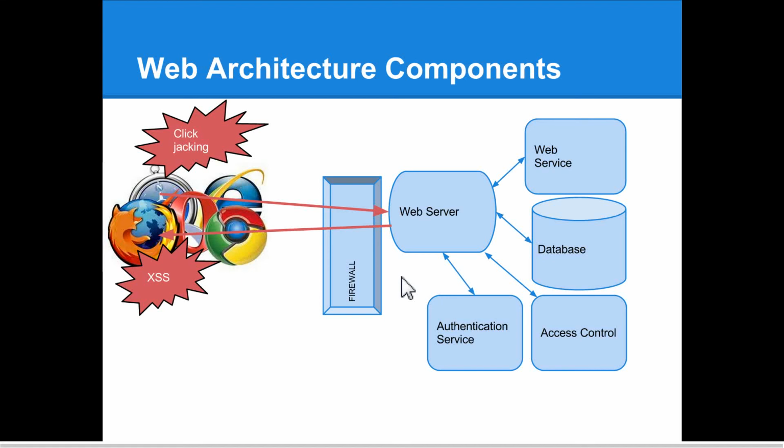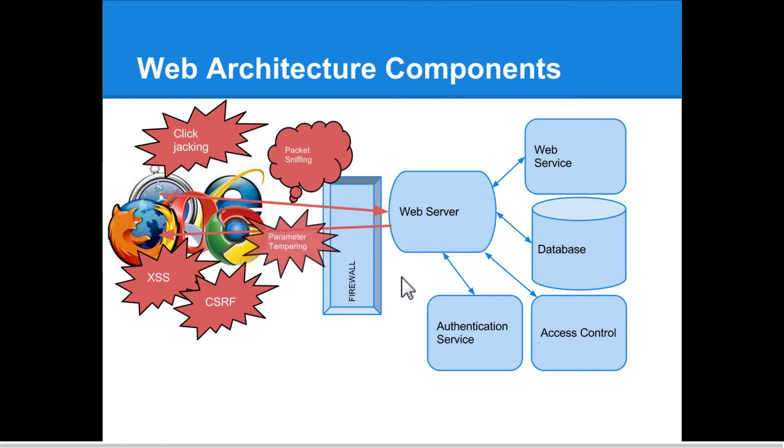You have cross-site scripting, cross-site request forgery. Anyone who sees your traffic can sniff it. And then anyone who sees your traffic and is not locked down with HTTPS can tamper with your data being sent out. They can also tamper with their own data, so that's why you have to do input validation on the web server side.